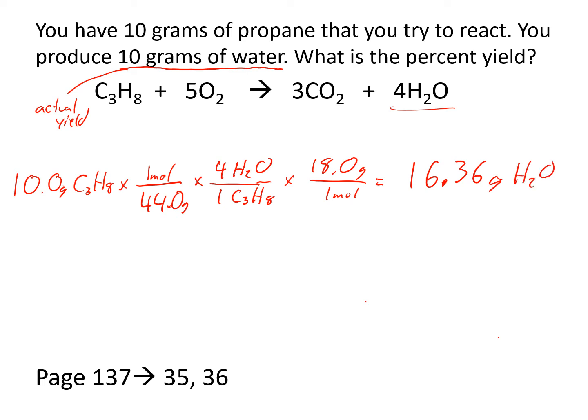Now, to find the percent yield, I take my actual yield, 10 grams of water, divided by my theoretical yield, 16.36, times by 100, and that gives me a percent. And my percent is, I get a 61.1% yield.